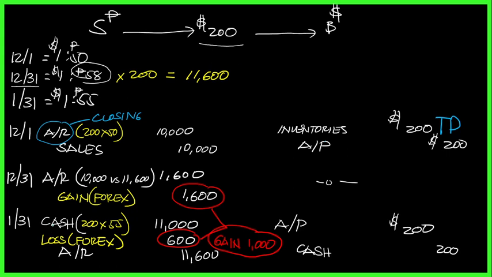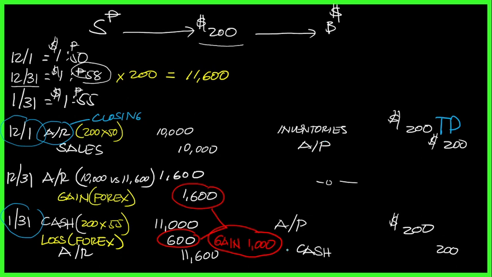Common question: how much is the gain or loss for year 1? For year 1, it's 1,600. What about for year 2? You have a loss of 600. How much is the gain or loss from this transaction? You have a net gain of 1,000. From the date of transaction up to the settlement date, it is 1,000.